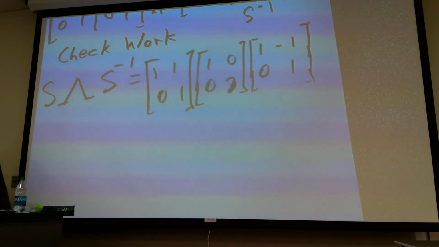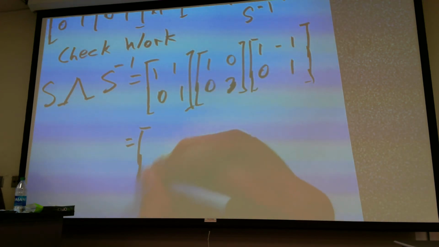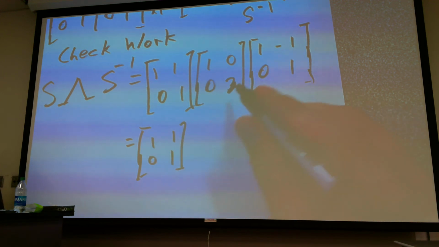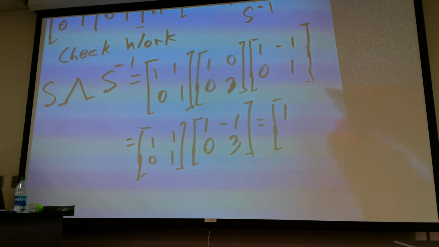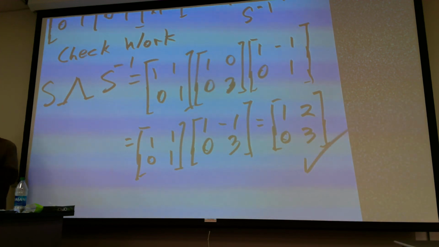Let's do this in steps. Let's have 1, 1, 0, 1 act upon 1, negative 1, 0, 3. 1, 1 acts upon that would be 1. 1, 1 acts upon negative 1 and 3 would be 2. That would be a 0, and that would be a 3. We get a big check mark. Yes, we did get the correct answer.